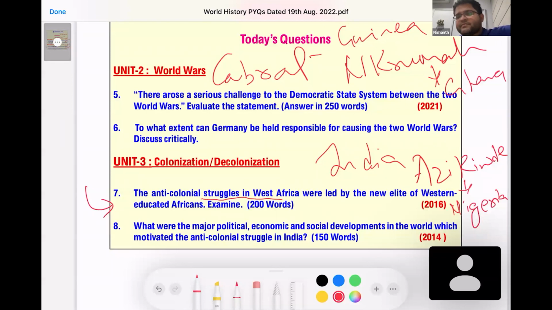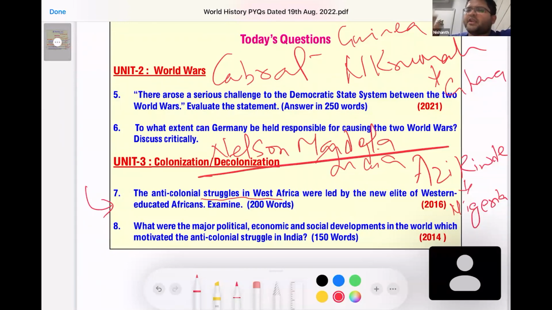Which Nelson Mandela fought. Apartheid, I think so. Yes, apartheid, right. This particular decolonization movement inspired Africa to fight apartheid, which is the racial discrimination against the black Africans.